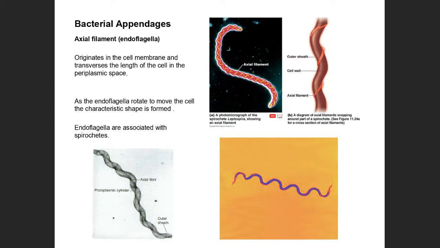The reason they're associated with spirochetes: do you remember when we were talking about the plasma membrane, and we had just finished talking about the cell wall, and I said in bacteria there's this space in between the cell wall and the plasma membrane that's really important for cellular respiration, but also important for certain types of flagella?